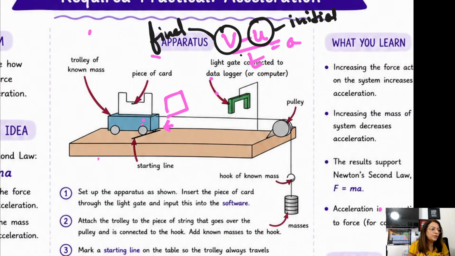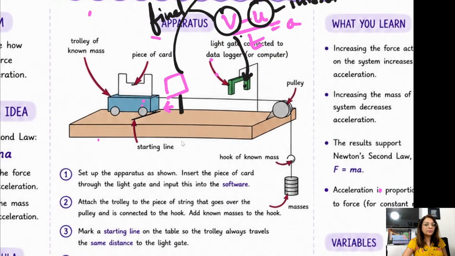Okay, very good, guys. So what you simply do, the first light gate will give you the initial velocity. The second light gate will give you the final velocity. And it will give you the time as well. And you can work out the acceleration with the light gate. Okay, and that's another variation you can have on this required practical.